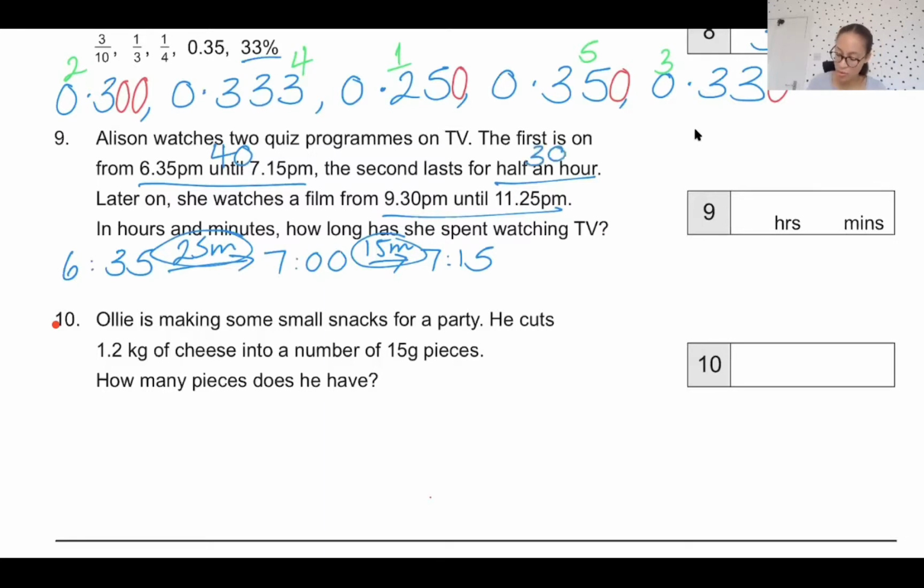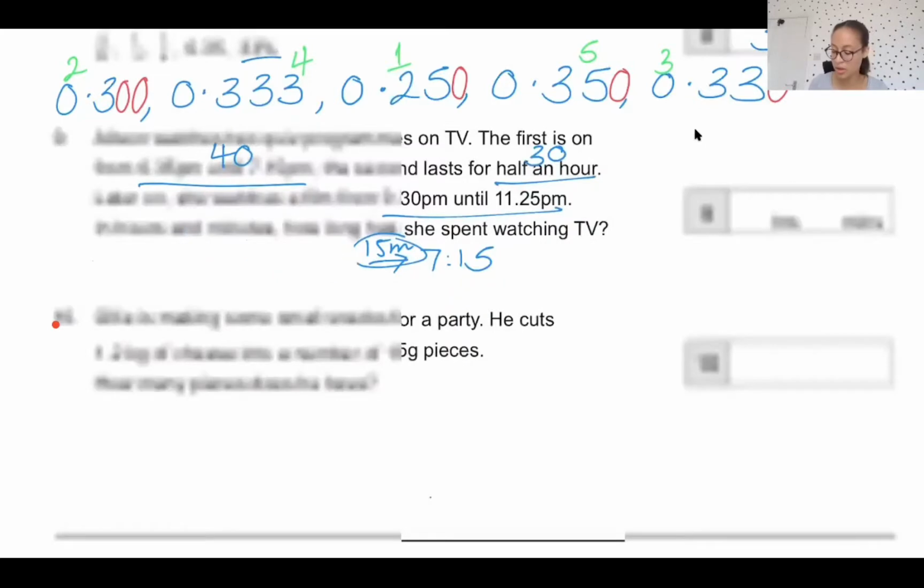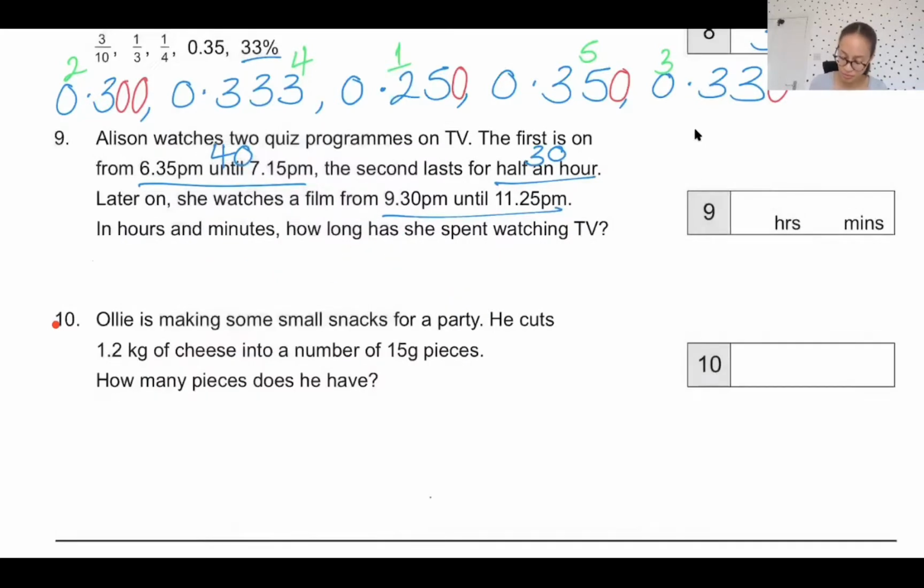And then the third one, 9:30 until 11:25. What I would do with this is go too far forwards and then go back. I'll show you what I mean. Okay. 9:30 to 11:25. Sorry, I didn't mean to write that.